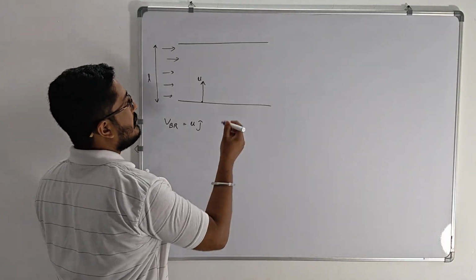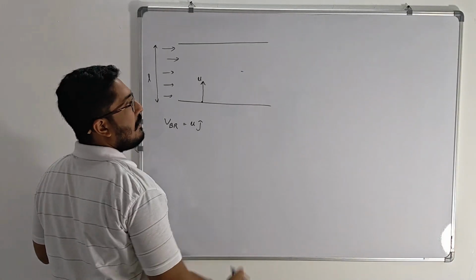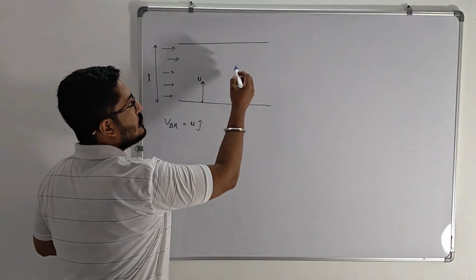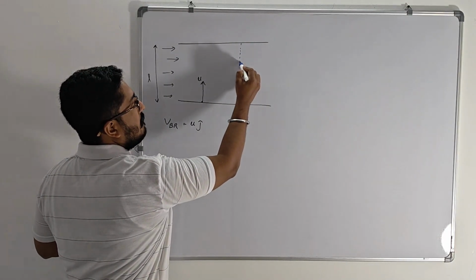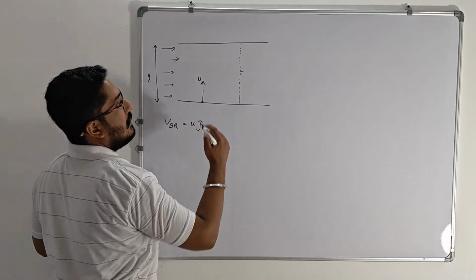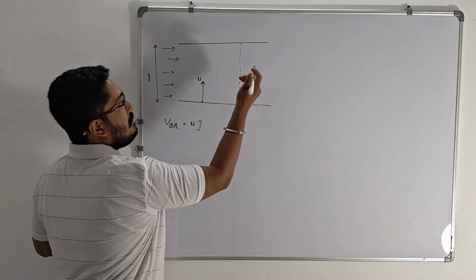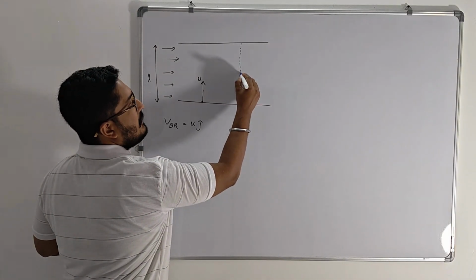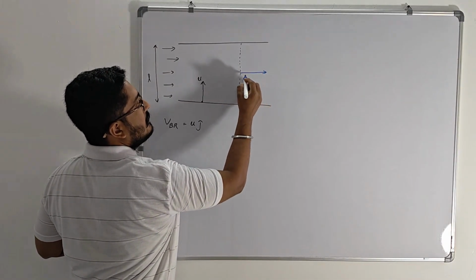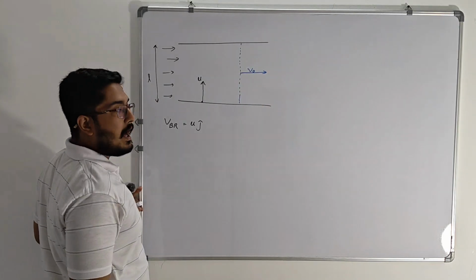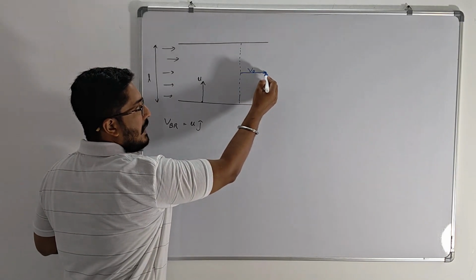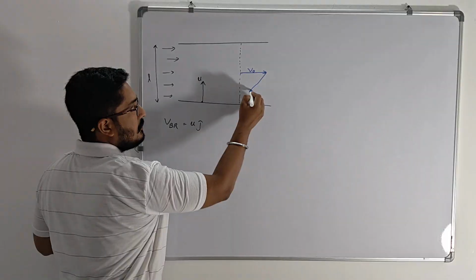And exactly at the center, you have the highest speed. To show this graphically, we can use a graph like this, and at the center I have the maximum speed V naught. And near the banks, the velocity is zero.